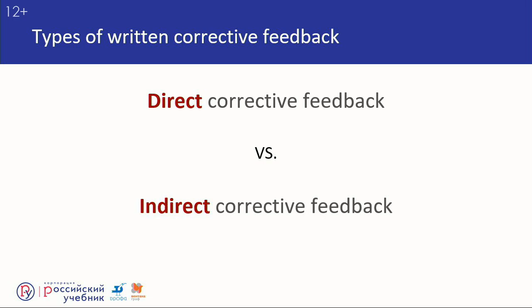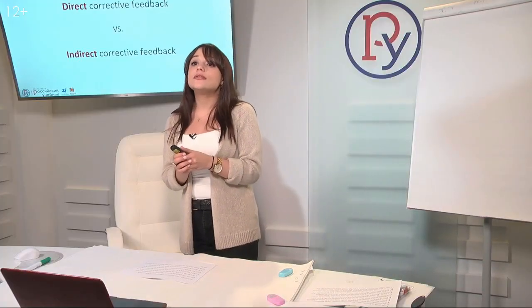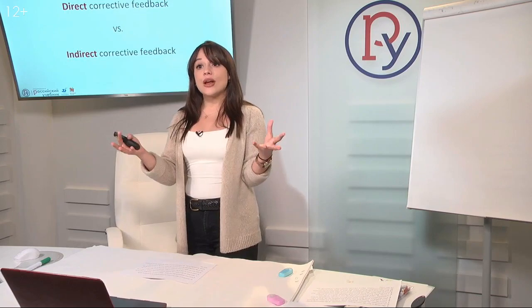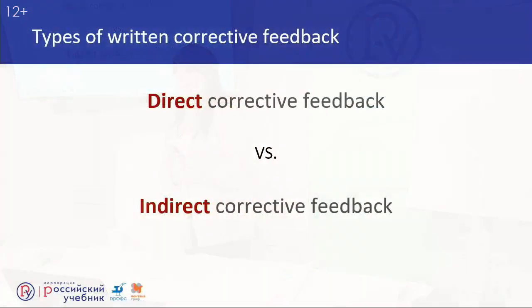So will you please think what are the reasons to use each of those, direct corrective feedback and indirect corrective feedback, and what's the difference between these 2 strategies of correcting our learners' errors in their writing?